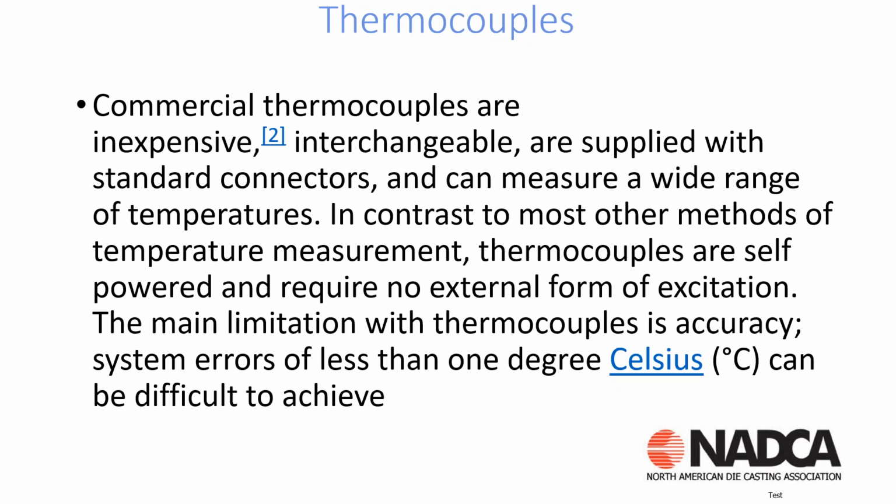Thermocouple accuracy can't get down to under 1 degree Celsius or under like 1.5 degrees Fahrenheit. If you're trying to hold things that tight, you have to go to a different type of thermocouple. But they are good, consistent units to measure temperature.